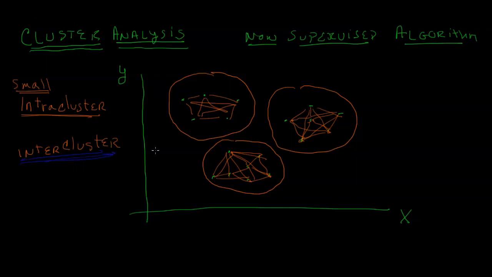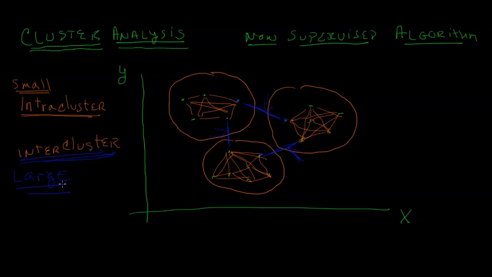Inter-cluster, that's here, is how far the clusters are from each other. So what we would tend to do is take the two elements of the clusters that are closest to each other, maybe these two and maybe those two. These are the inter-cluster measurements, and we want these to be relatively large.